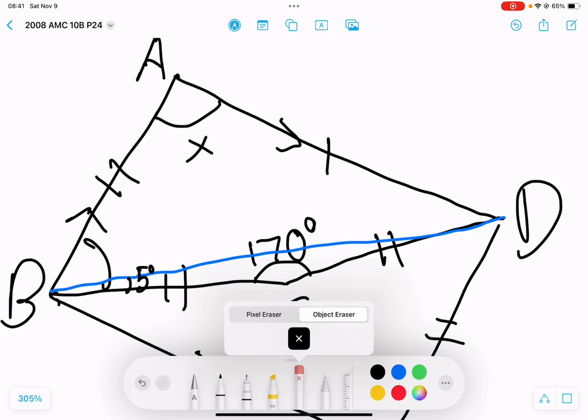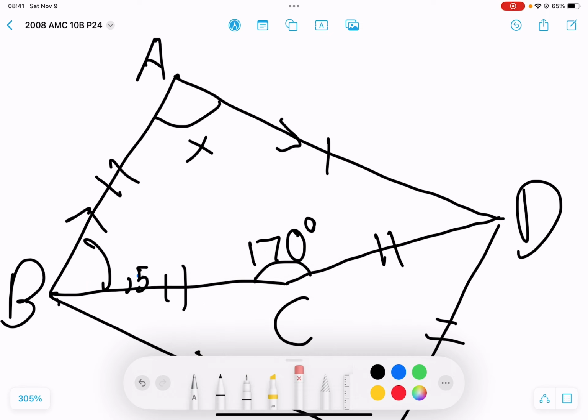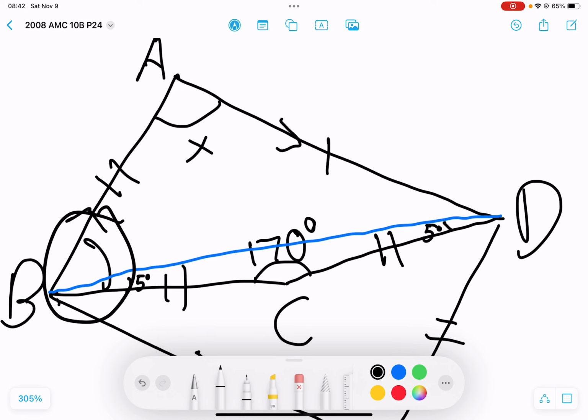Okay, this line is kind of bad. So if we redraw the line, that's 5 degrees. And then we also know that ABD, from the problem, this angle is 70 degrees, so this here is 65 degrees.